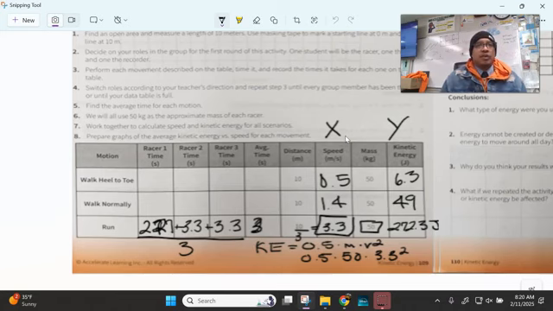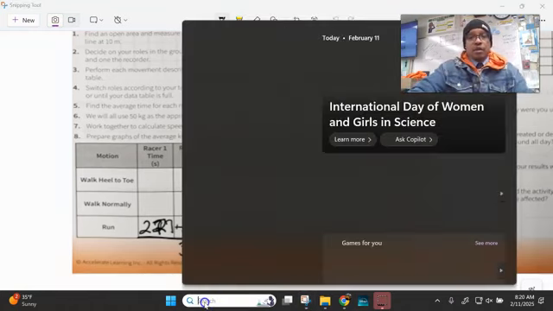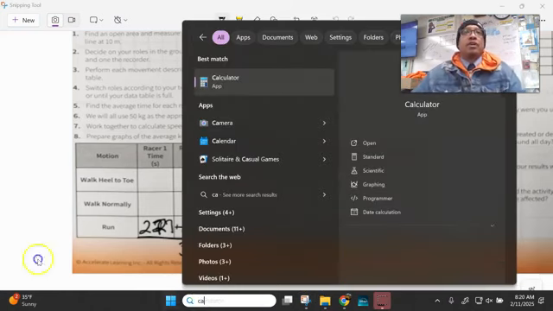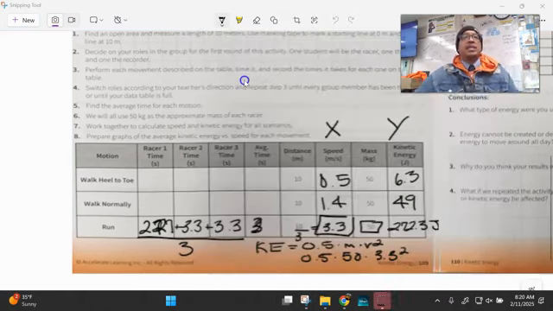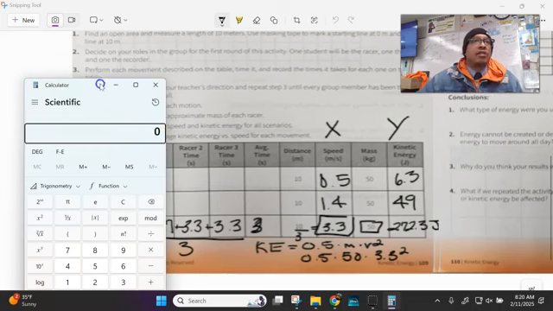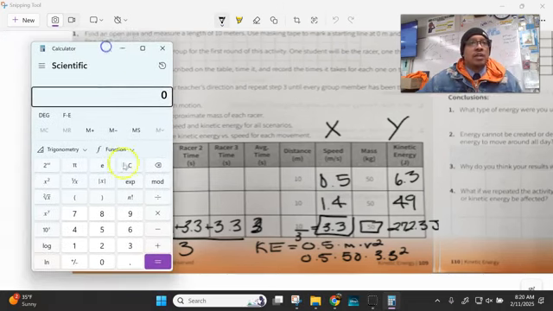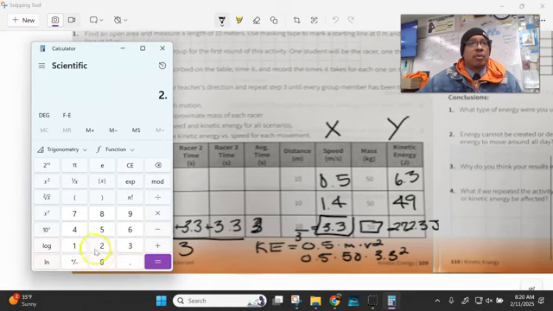Is to say, okay, we have the time for racer 1, the time for racer 2, and the time for racer 3, and what we're gonna do is add them all up. And I will show those calculations here. I'll do that part again, which is totally fine. So I'm going to add all them up. So then I got 2.27 plus 3.3 plus 3.3.